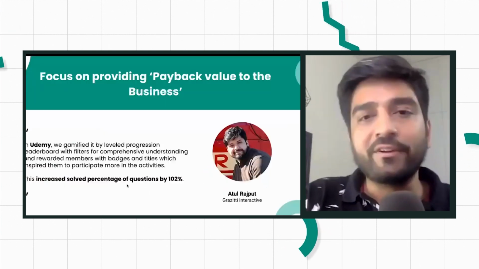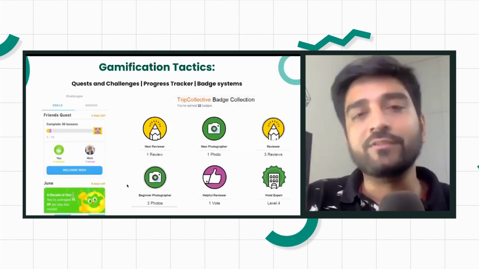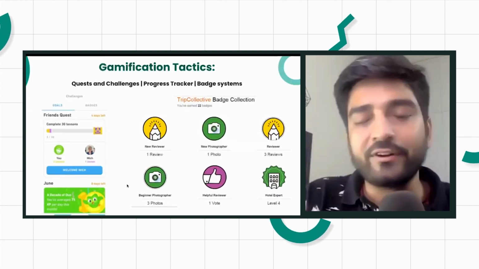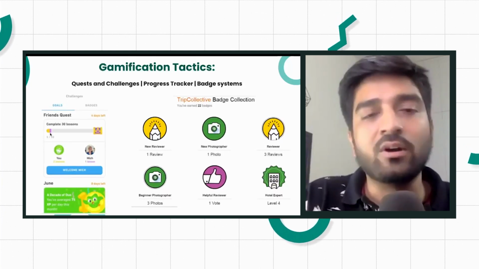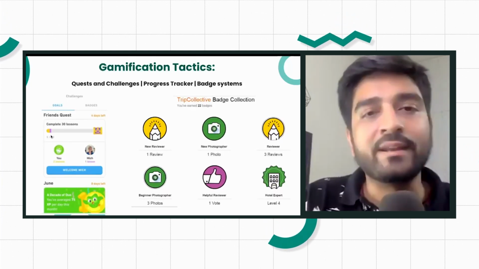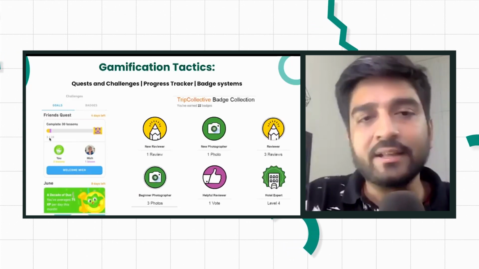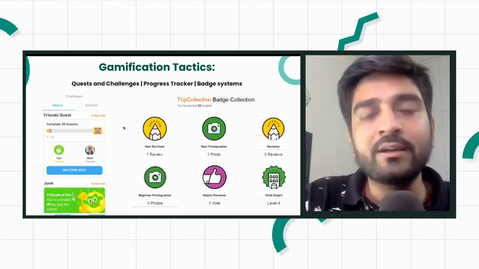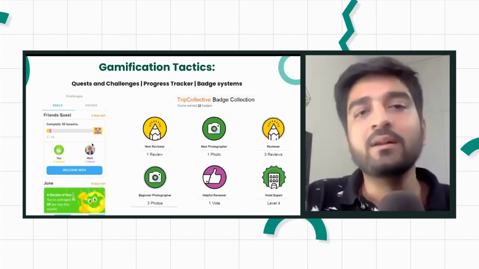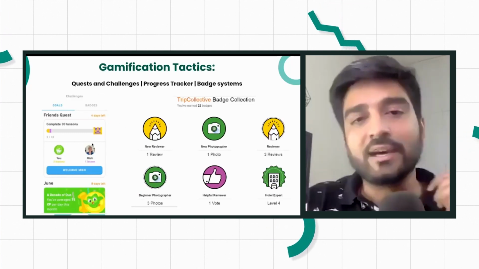Now, some of the gamification tactics that we've seen in different communities, on the face of it, they look like any other product gamification tactic, but we wanted to highlight some of these gamification which are community led. So for example, you could have quests and challenges.